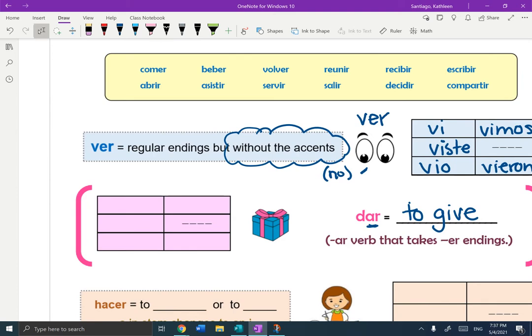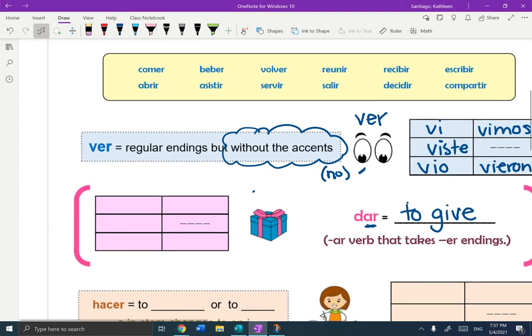When we chop and add, okay, so dar, to give. When I chop, what am I left with? Just the D. So I'm going to add the D everywhere. D, D, D. Now I'm going to put in the IR endings, but again, no accent.